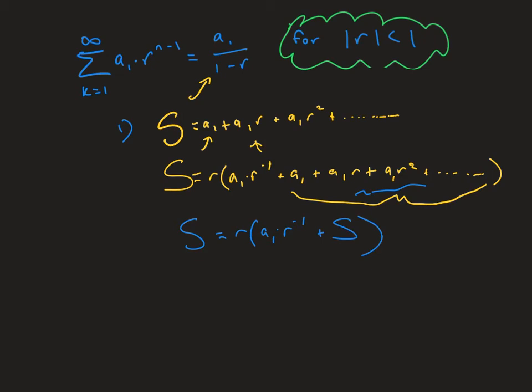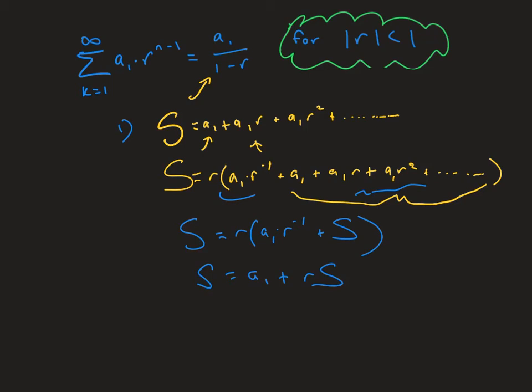Now, if we multiply out the parentheses, remember what I said about when we multiply these, we get a sub 1, right? Because r times r to the minus 1 is 1. So we just have a sub 1 plus r times S. Now, we can bring that r times S to the left.